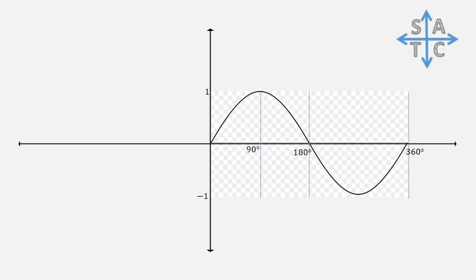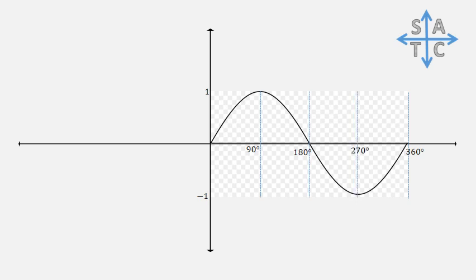We see the curve lies above the x-axis. Then from 180 degrees onwards, this trig ratio will be negative because it lies below the x-axis. And in the cast diagram, quadrants 3 and 4, this trig ratio will be negative.